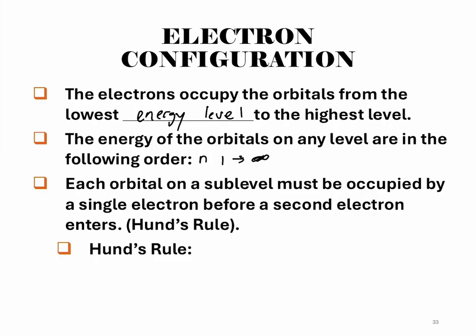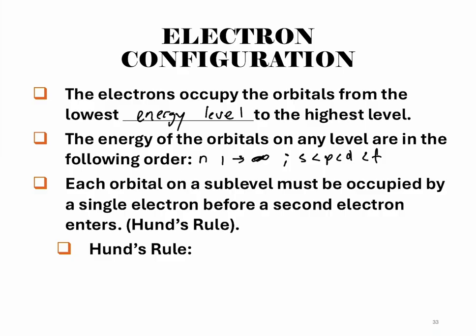For the sublevels, s is lower than p, which is lower than d, which is lower than f for a given principal energy level. And then the orbitals actually all exist at equal energies, but you fill them up a specific way.